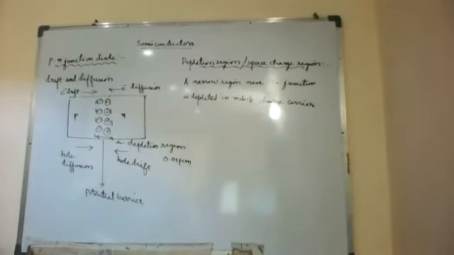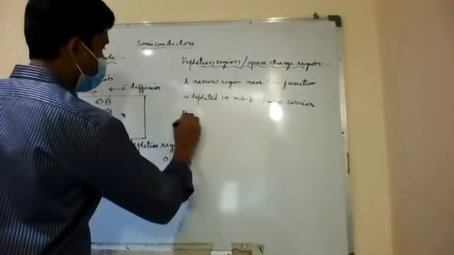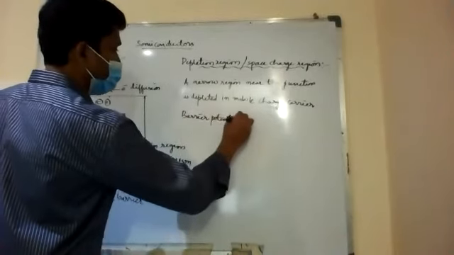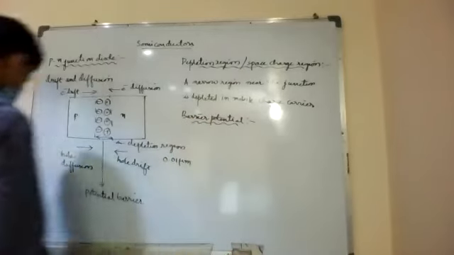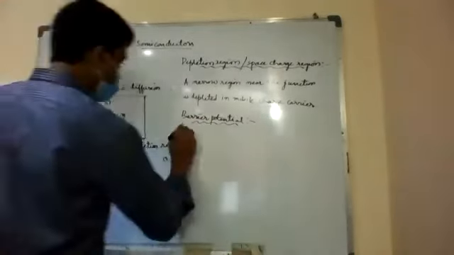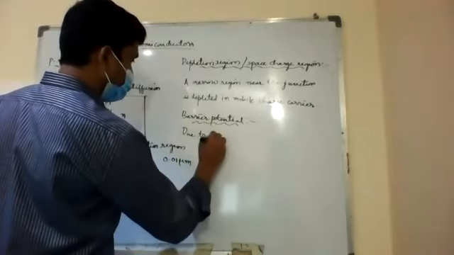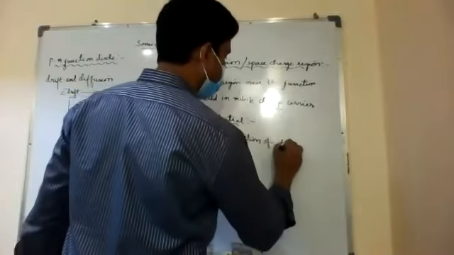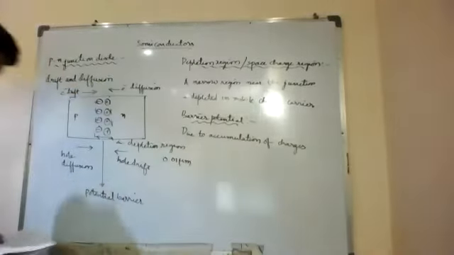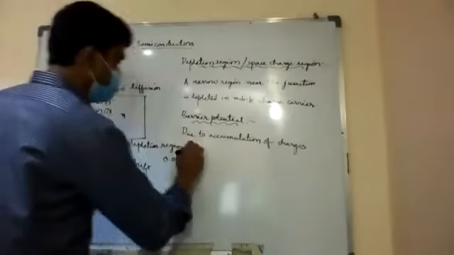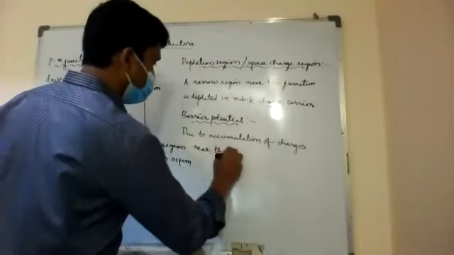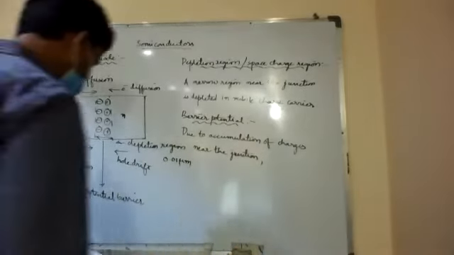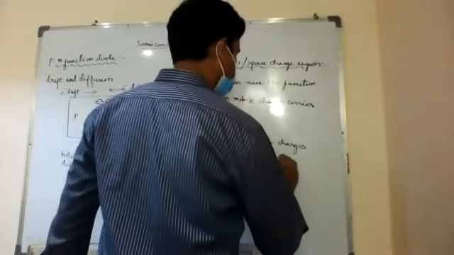Next is the barrier potential. Due to accumulation of charges near the junction, an electric field is established.